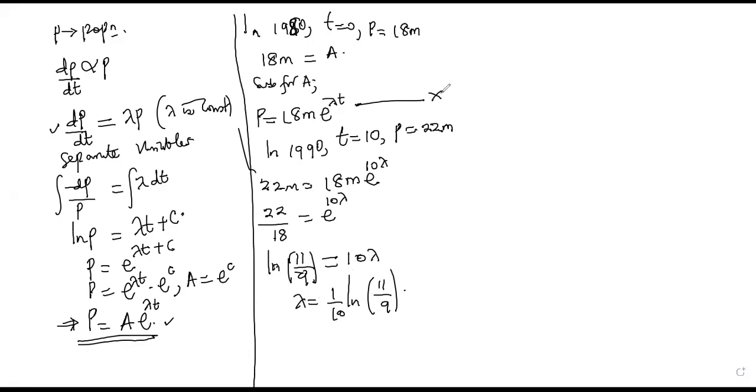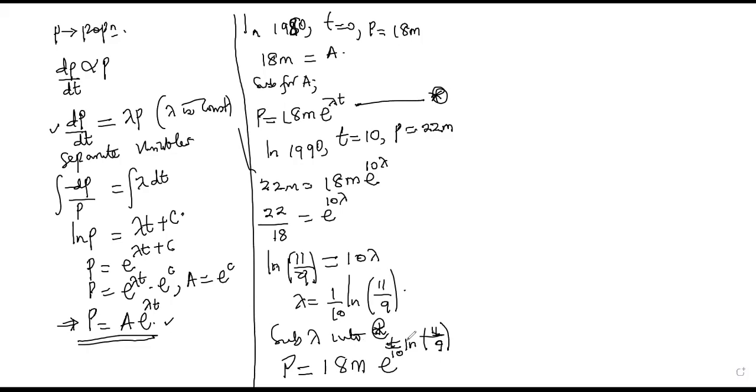So let me call this one equation star. So substitute lambda into equation star, implying that my P would be equal to 18M e to the power t times lambda, which will be t over 10, then ln 11 out of 9.